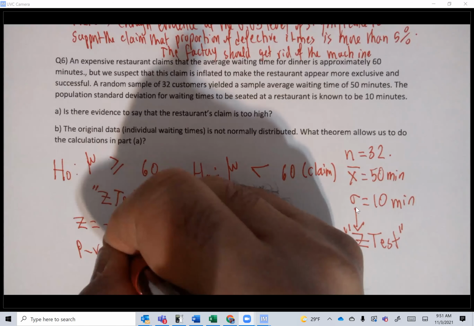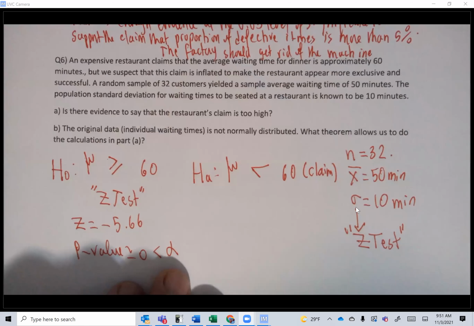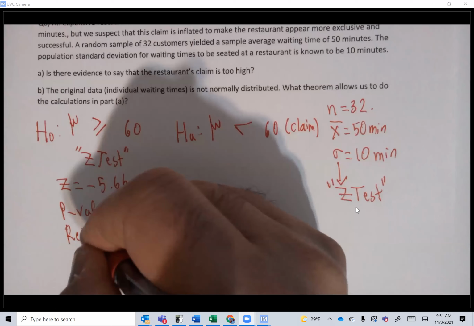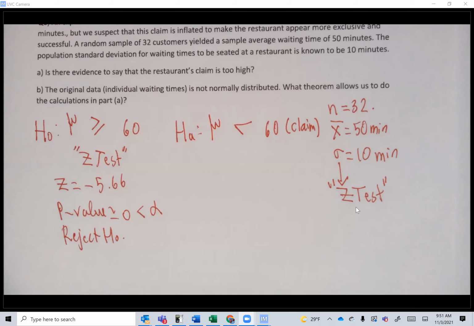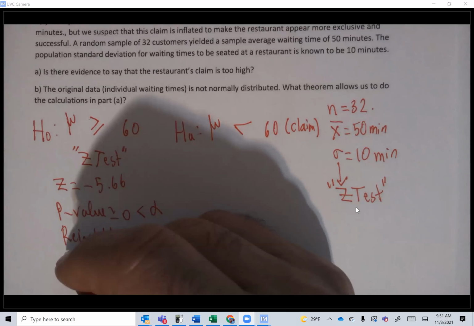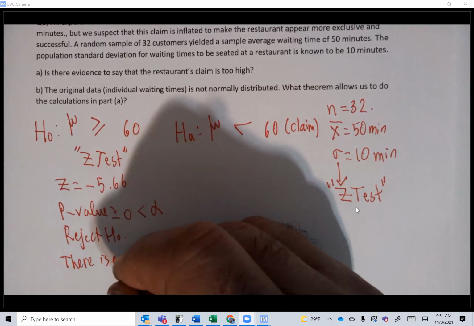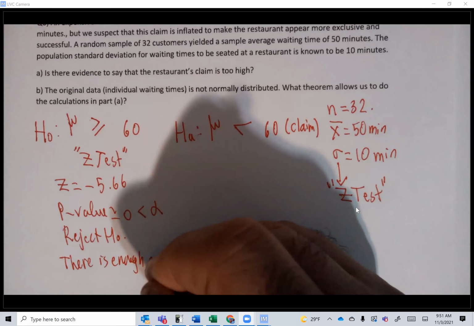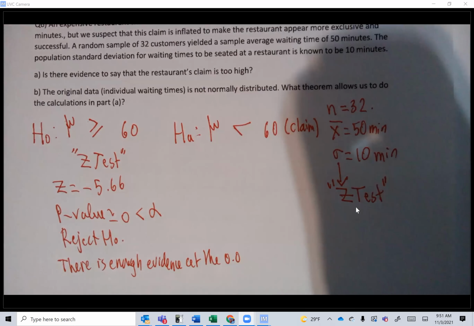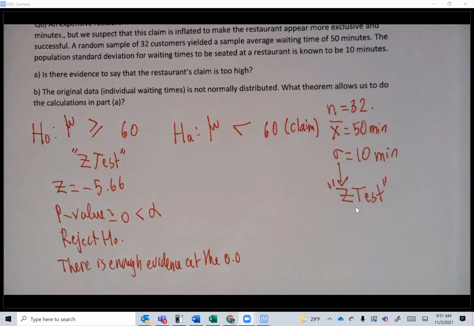Well, definitely this is less than alpha, and we reject H0. That means there is enough evidence that the restaurant claim is too high. We're going to support our claim. There is enough evidence at the 0.05 level.